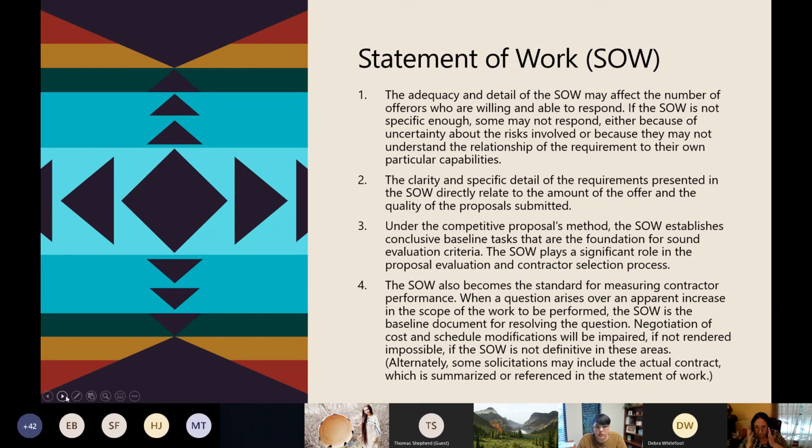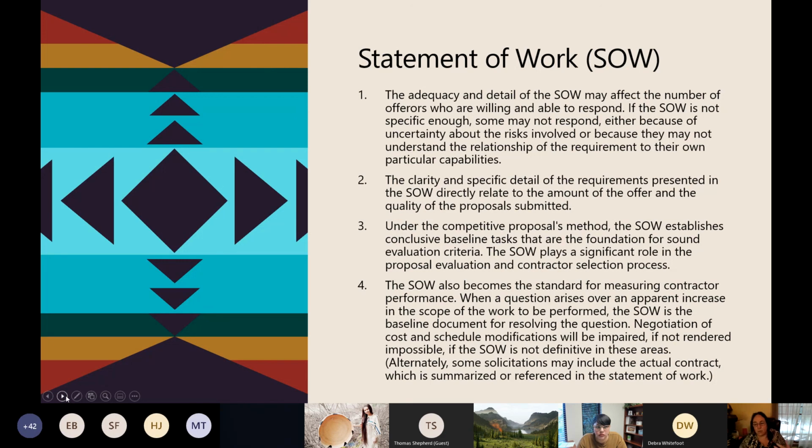To clarify, the specific detail of your requirements presented in the SOW directly relates to the amount of the offer and the quality of the proposal submitted. If it's well written, if it's clearly identified and anybody can make sense of it, you're going to have more people bid on it.